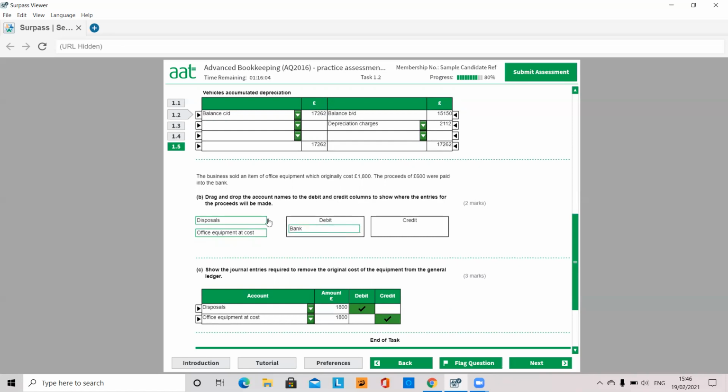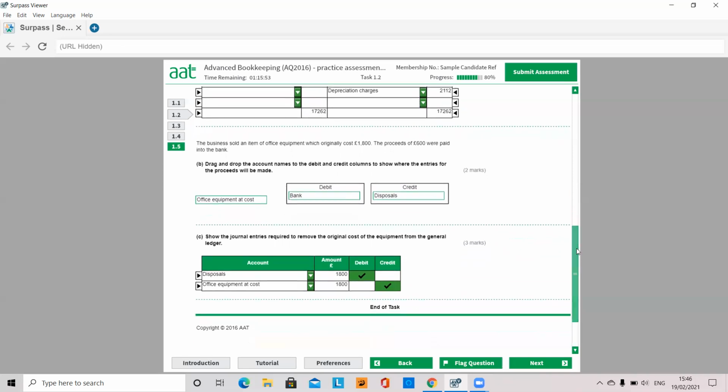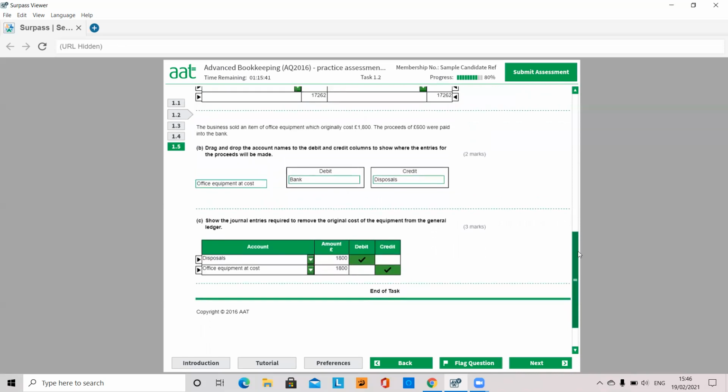And as I said before, we're going to credit disposals because we've already got rid of the asset. And then you'll see, as we were saying before, we debit disposals for £1,800 and we credit the office equipment at cost. Far easier to see it through the T account, but hopefully that explains it to you.